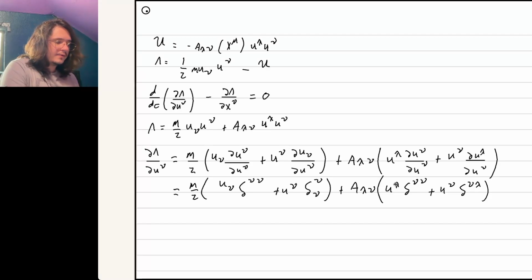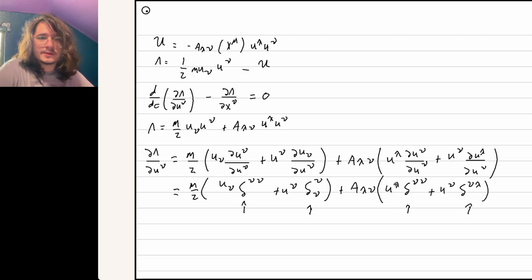Whenever you have a Kronecker delta where both of the superscripts match, it's just equal to 1. Whenever you have one which has a subscript and a superscript, it actually raises or lowers whatever it's attached to. That's one, and then this one will change the superscript on whatever is attached to the thing that doesn't match, so it's lambda.